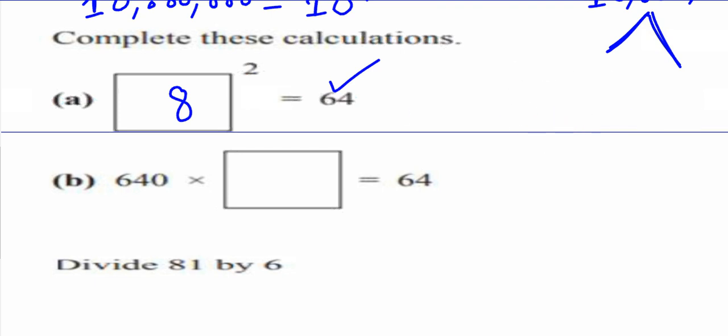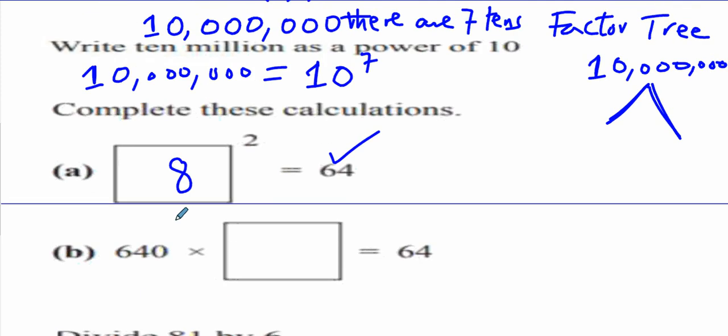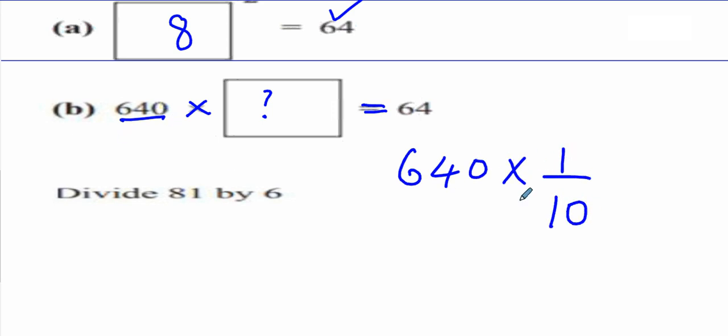Okay, let us see the next question. Complete these calculations. 640 times which number equals 64? 640 times 1 over 10, because this has to cancel.